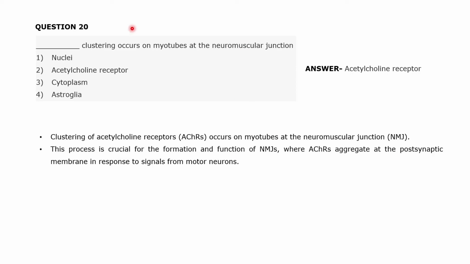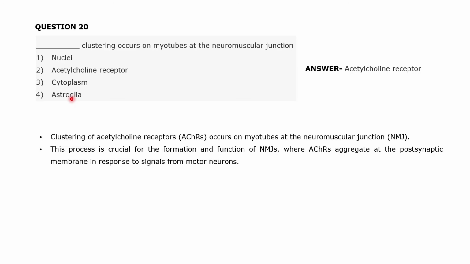And also, if you look into the other option, astroglia, or as I have said before, astrocyte, it is part of the central nervous system, where it helps regulate cellular homeostasis, right? It maintains the ionic balance or regulates neurotransmitters like glutamate or acetylcholine.